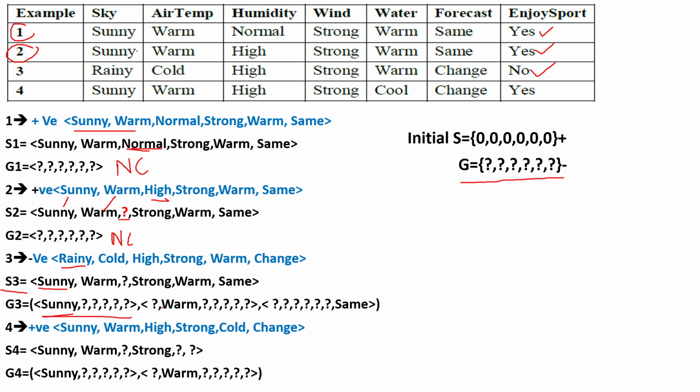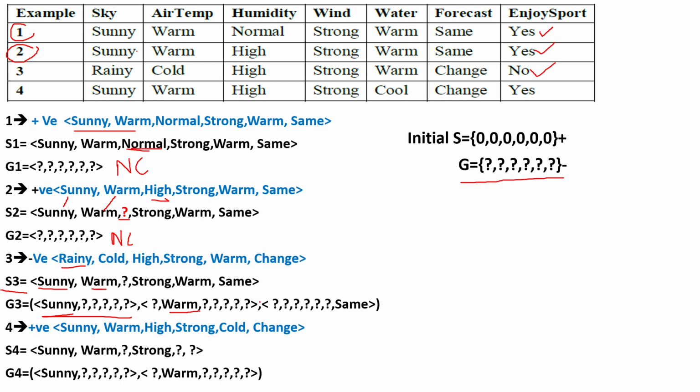For the next attribute, if there is a change from the specific value warm to cold, there is a change in parameter, a change in value. So that specific value you have to write here, not from the data set. The second parameter is over. Next, as there is a question mark here, no need to consider it, you can skip that.